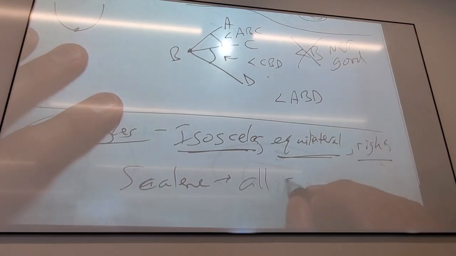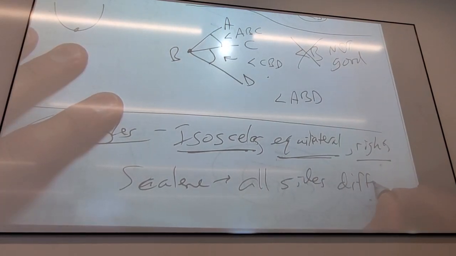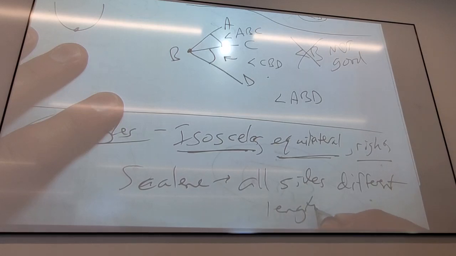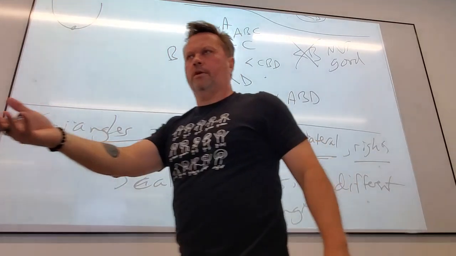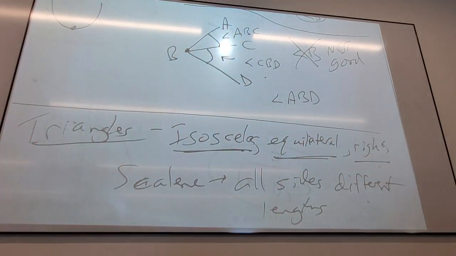So all sides are different lengths. Scalene's a little weird. You've heard that word before, but I don't know if you have a really good definition attached to it. But that's all it means. Just all the sides are different lengths. So a lot of right triangles are also scalene.